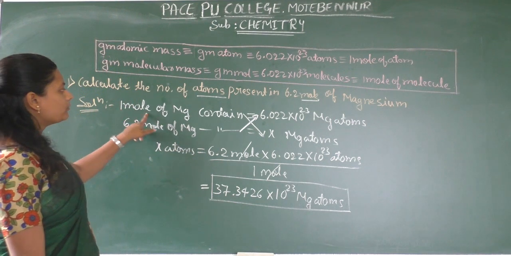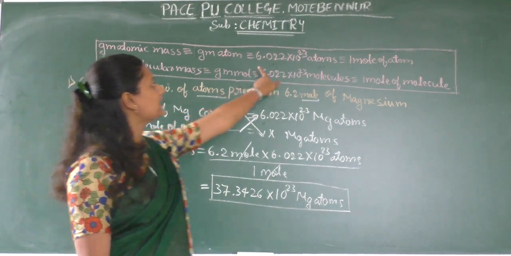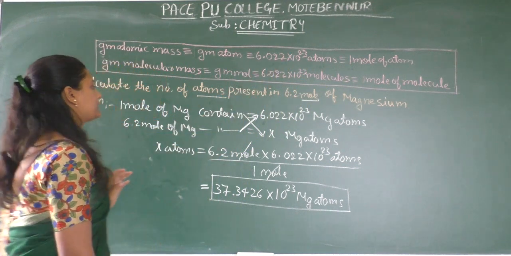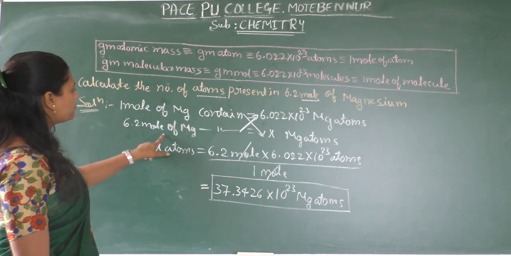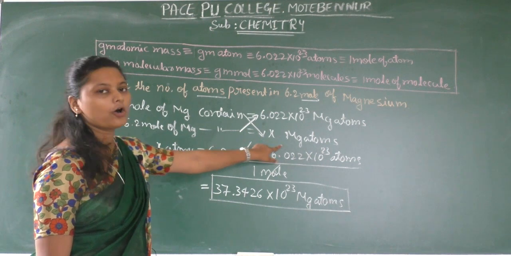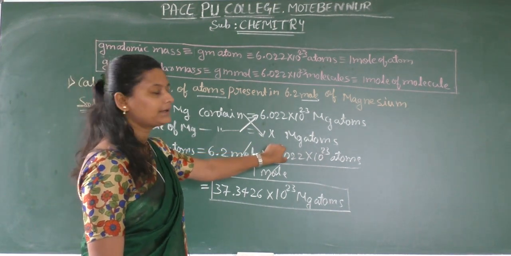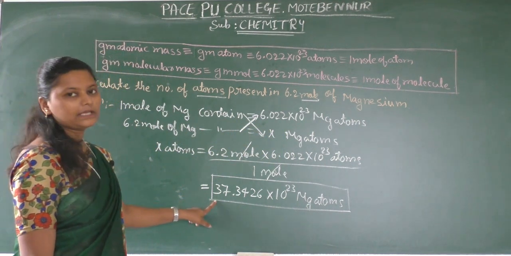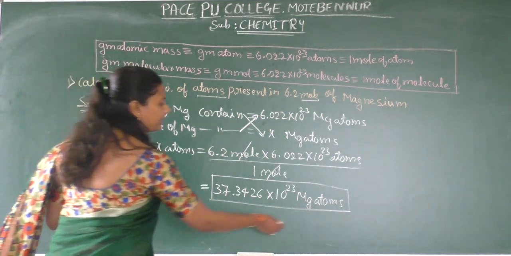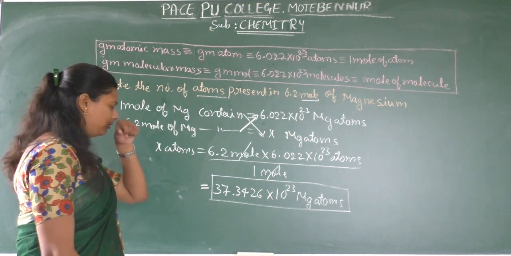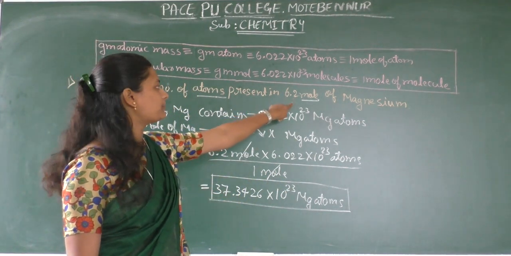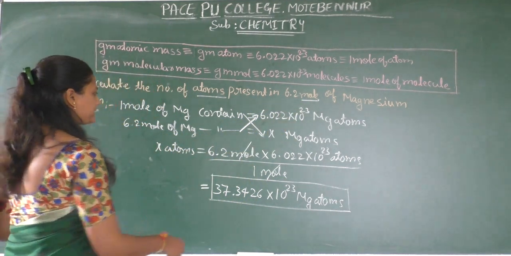So here 1 mole of magnesium contains 6.022 into 10 raised to 23 atoms. So then 6.2 moles of magnesium contains how many numbers of atoms? If we cross multiply this one, we will get the answer, the number of atoms which are present in 6.2 moles of magnesium.